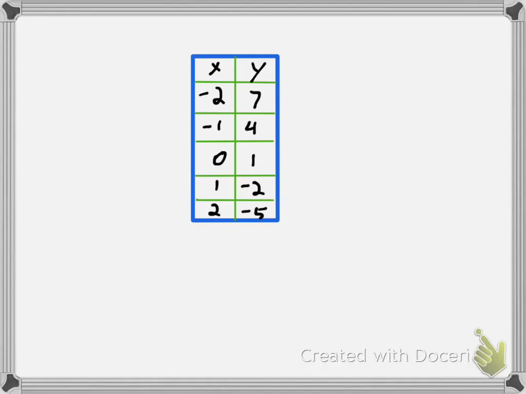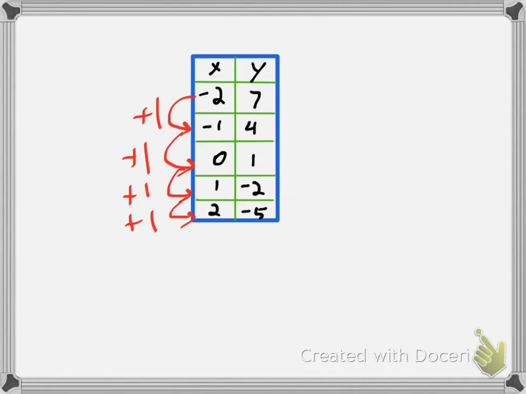Well, from -2 to -1, it's plus 1. From -1 to 0, plus 1. 0 to 1, plus 1. And 1 to 2, plus 1. It changes the same every time.